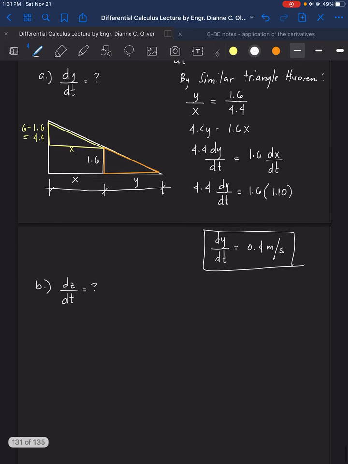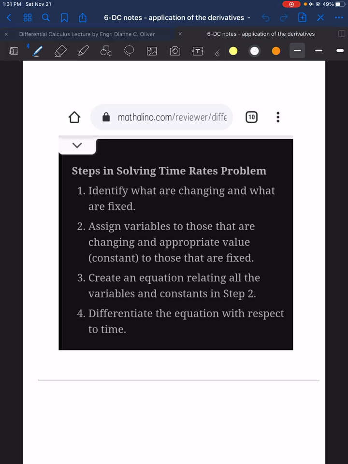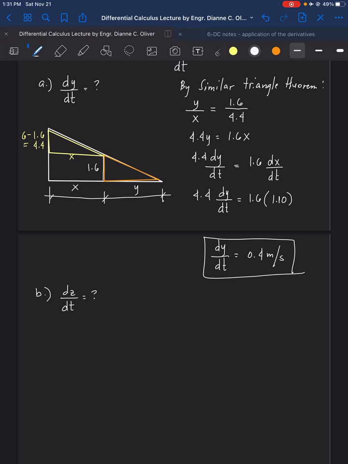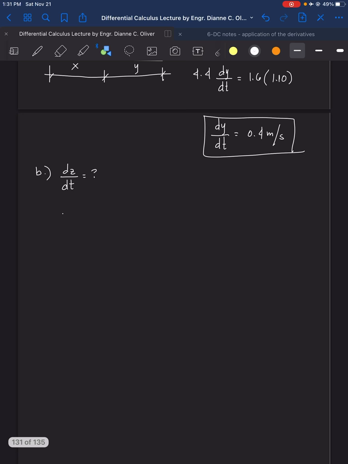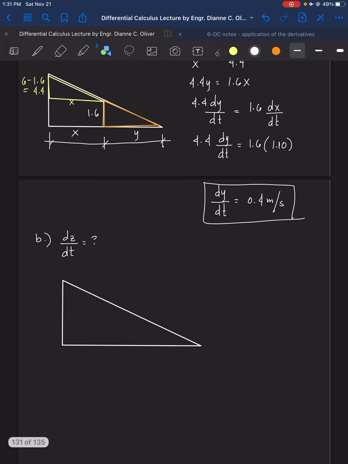Again, what equation can we use for step number 3? We can again reuse the similar triangle theorem. So this is our triangle.